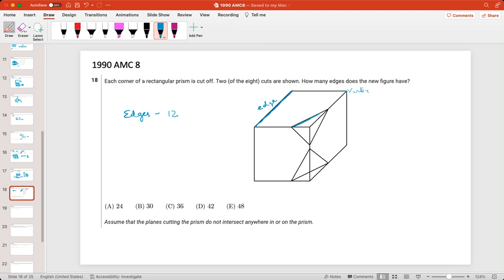You see this? 1, 2, 3. The existing edges are going to remain, but each vertex is going to add 3 more edges. I have 8 vertices, right? So 8 into 3 is equal to 24 new edges added. So totally I'm going to have 36 edges. Okay, so here's your answer, C.